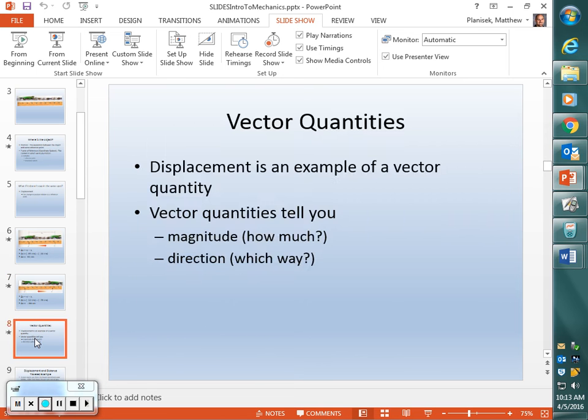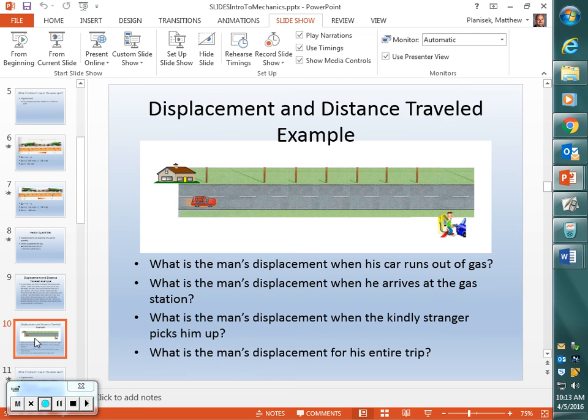At the end of class yesterday, we talked about this poor guy and his trip. His displacement when he runs out of gas is 50 kilometers to the east, because we have to include both a magnitude and a direction. How far and which way. His displacement when he arrives at the gas station is 55 kilometers east.